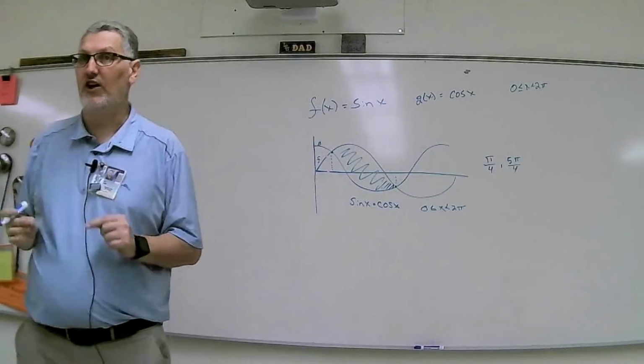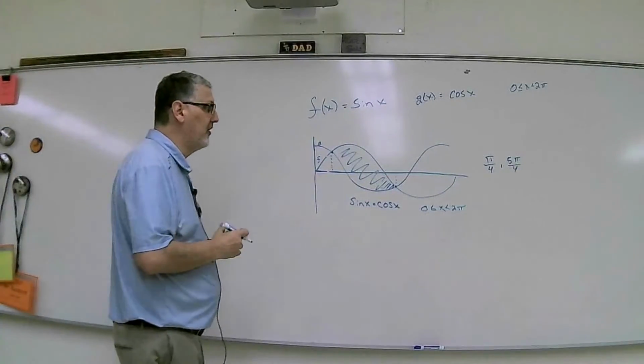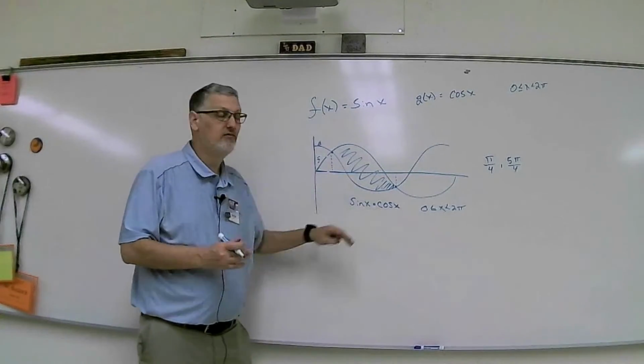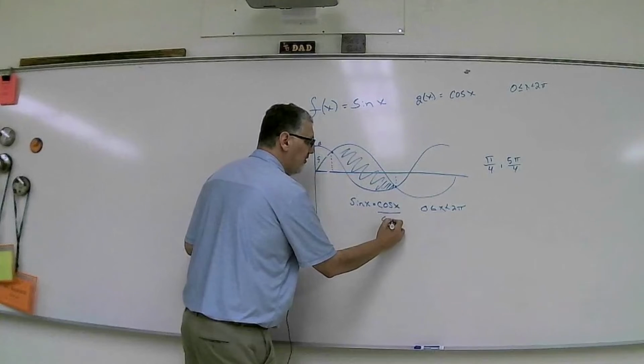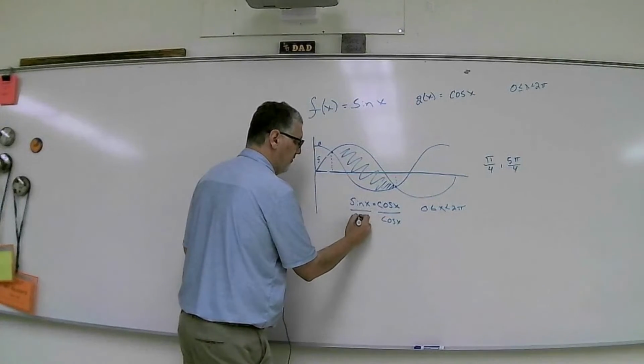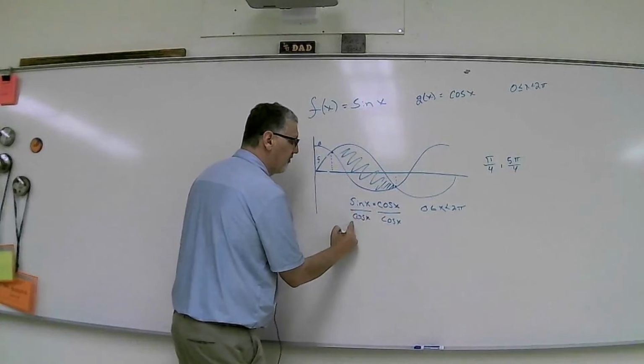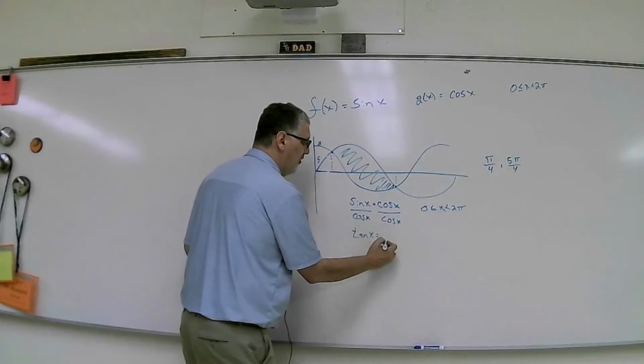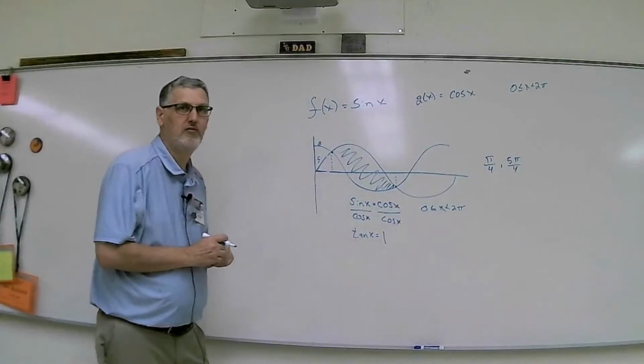If you want to solve it, the best way to do this is divide everything by cosine. Sine over cosine is tangent x equals 1. Cosine over cosine is 1.